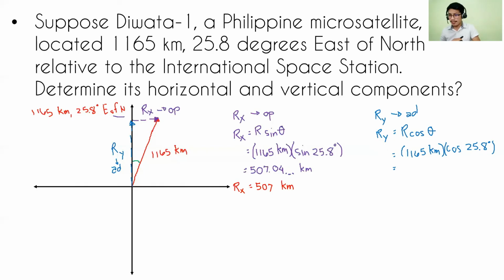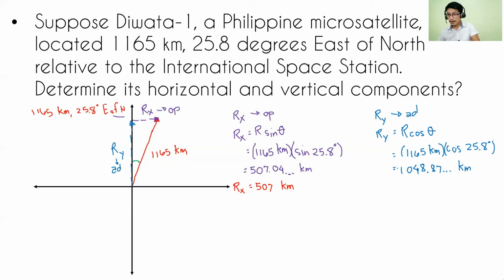And that will give you, anong ibibigay niyan? 1,165 times cosine 25.8. That will give you 1,048.87 unit is kilometers.